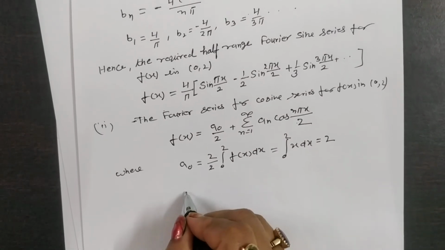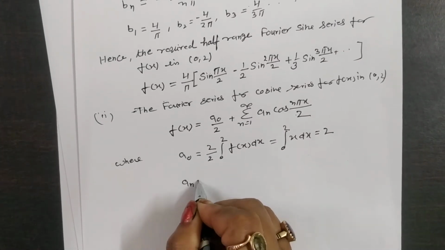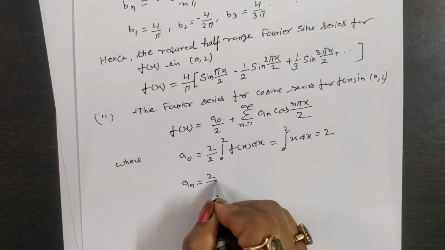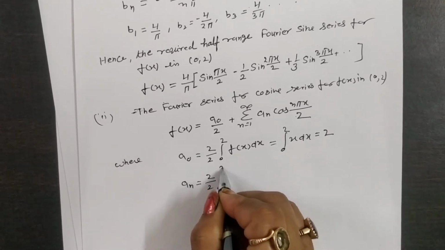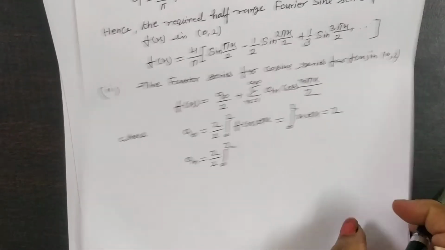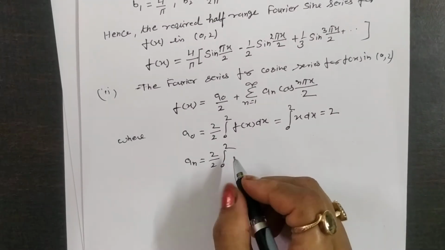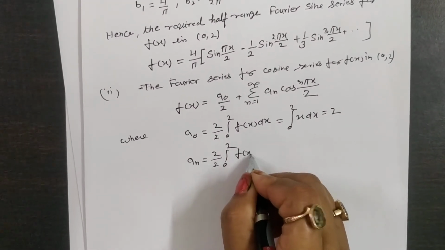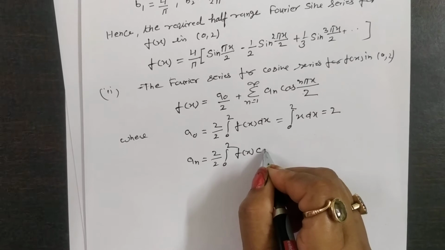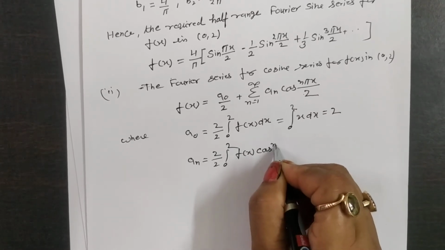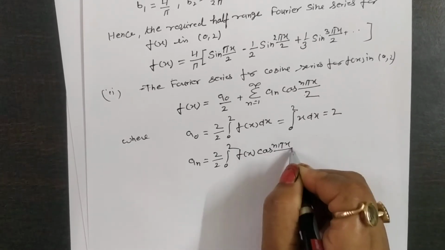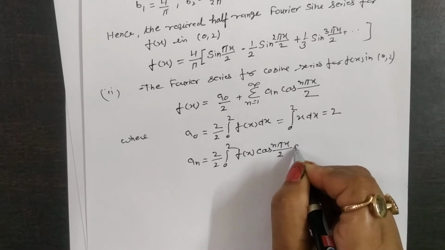Okay. Similarly, you can find a_n, which is again 2 by 2 times the integral from 0 to 2 of f(x) cos(n pi x by 2) dx, where L is 2.